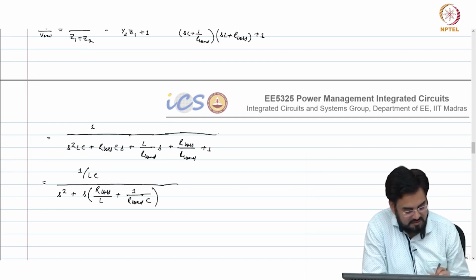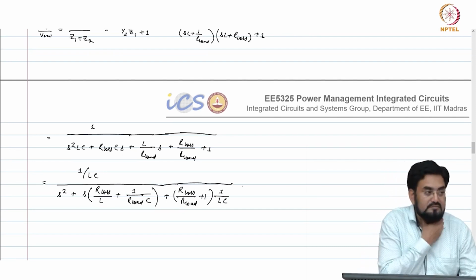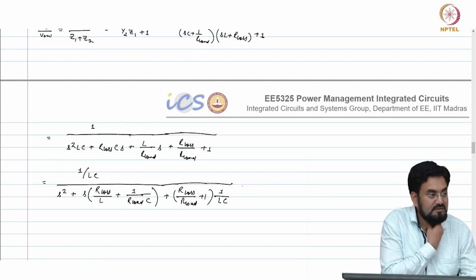And this is your constant term, R loss over R load plus 1. Correct?